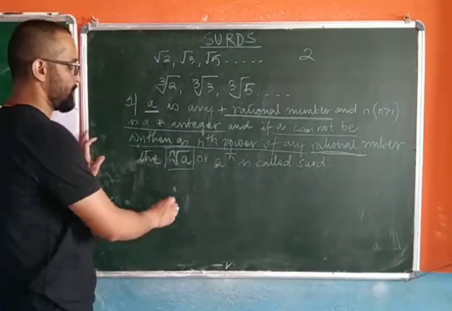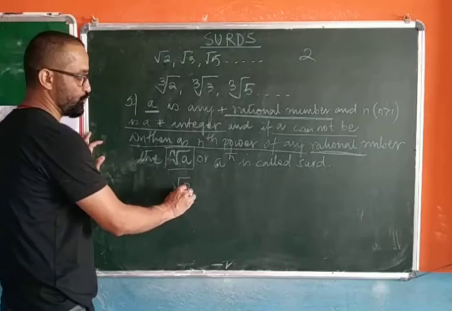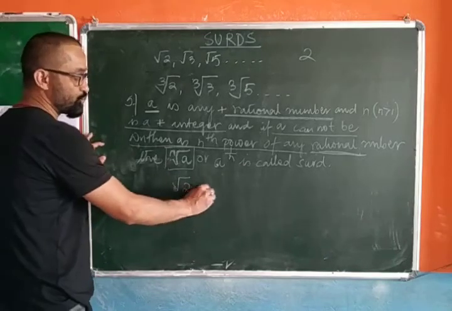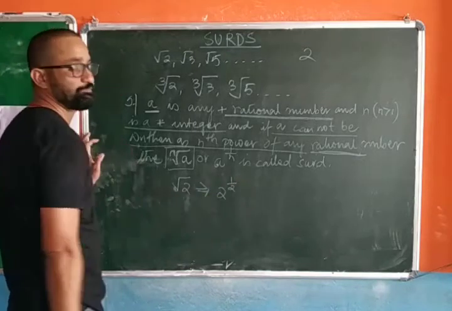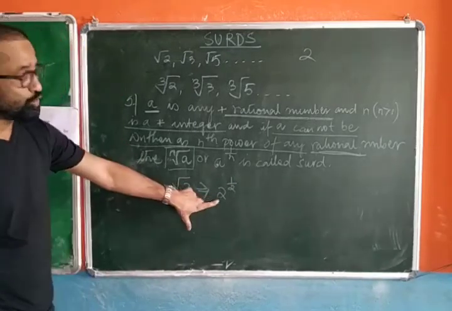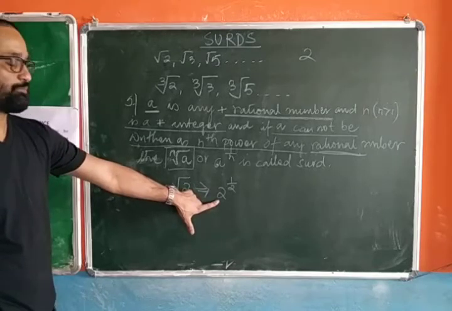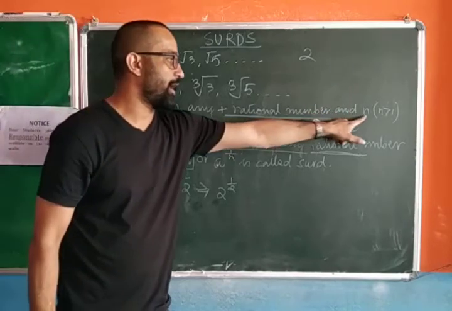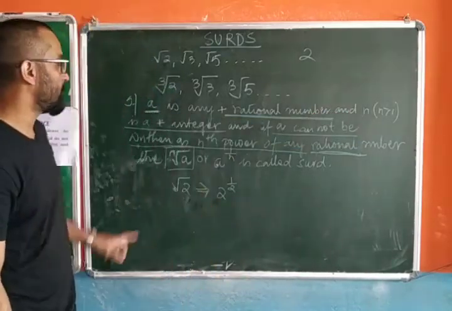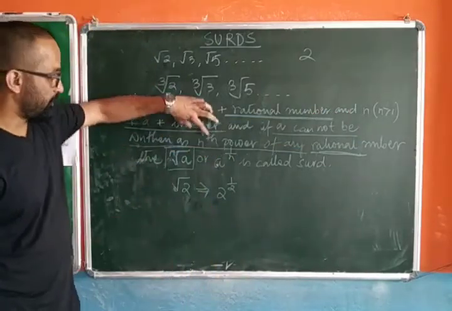Something like this. Suppose I write root 2. This root 2 can be written as 2 to the power of half. 2 is a rational number. n is greater than 1 and it is a positive integer.